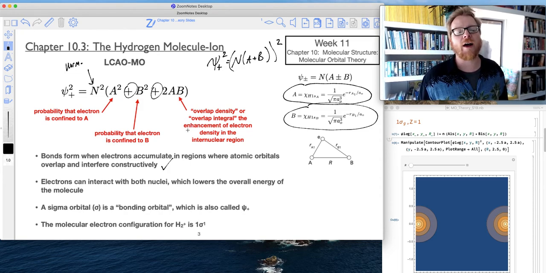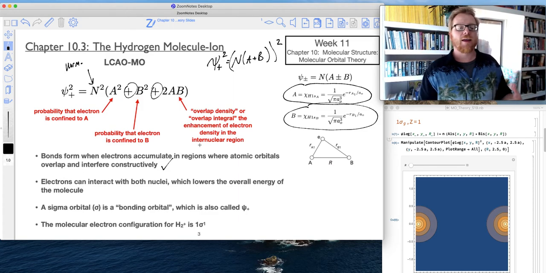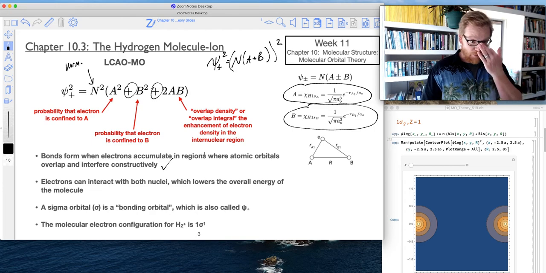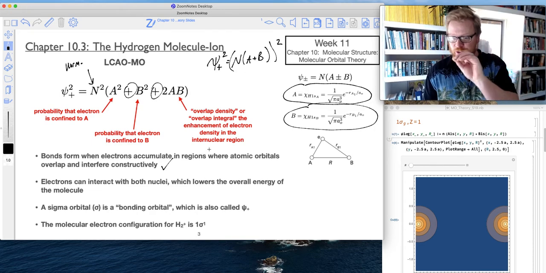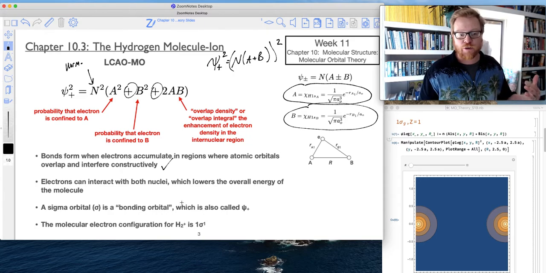And we know that according to MO theory, a bond will form if there is constructive interference in that internuclear zone between the two nuclei. Okay? Electrons can interact with both nuclei, which lowers the overall energy of the molecule relative to the energy of the individual atoms, and we'll see that soon.